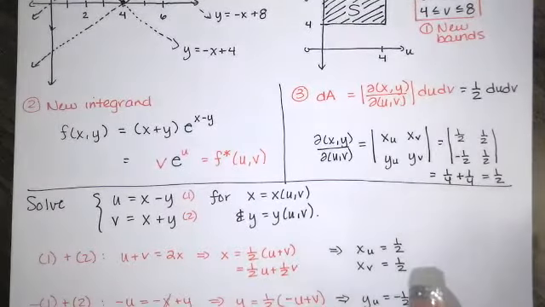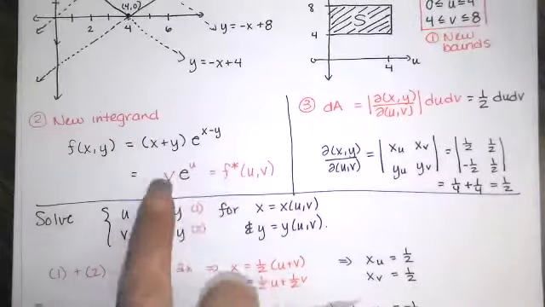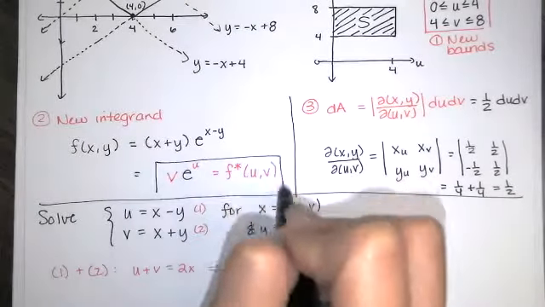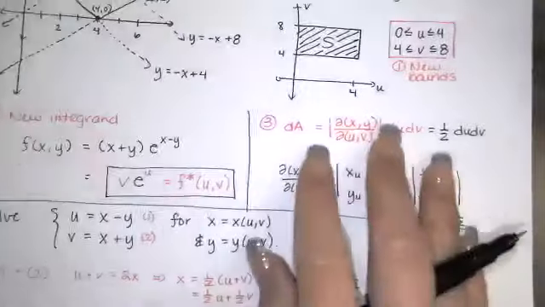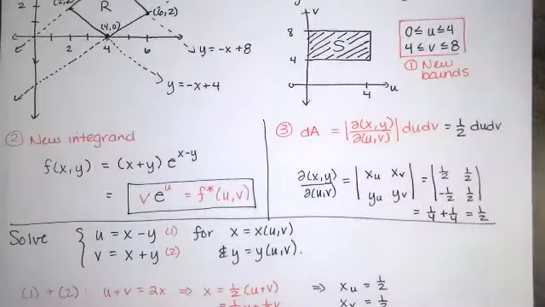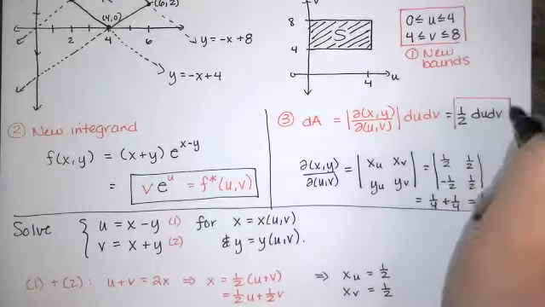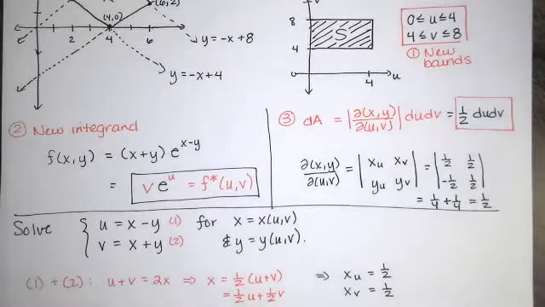Okay, now I think we've got everything we need. We needed new bounds, we've got them. We needed a new integrand, we have that. And we need a new dA, and that's right there. So let's put all the pieces together to state and then evaluate our integral.